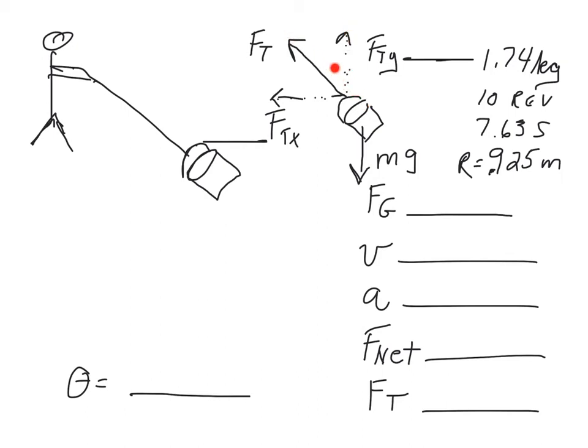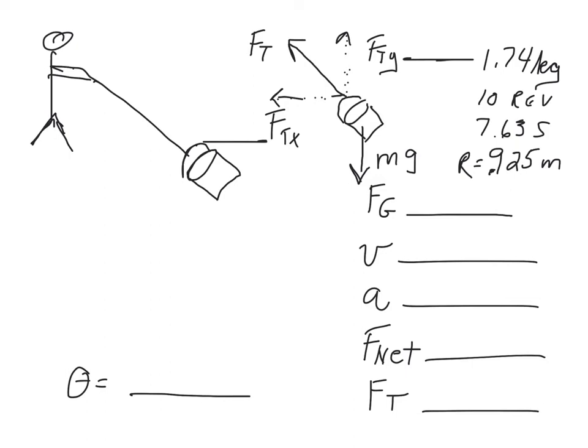Well, there's two forces, the tension force and gravity. But the tension force has to do two things. It has to keep the bucket from falling, and it has to pull it toward the center of the circle to keep it moving in a circle. So the x component is the centripetal force, and the y component balances gravity.